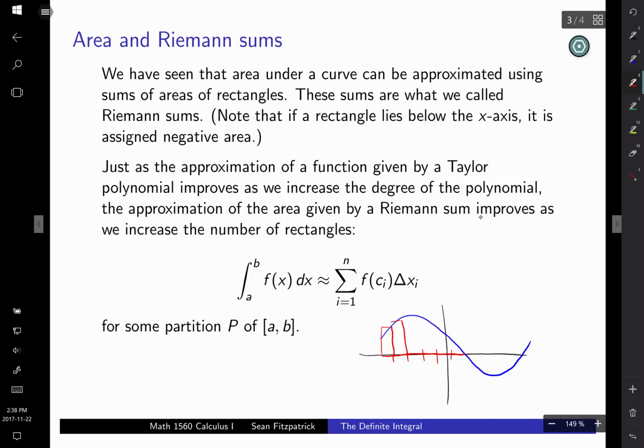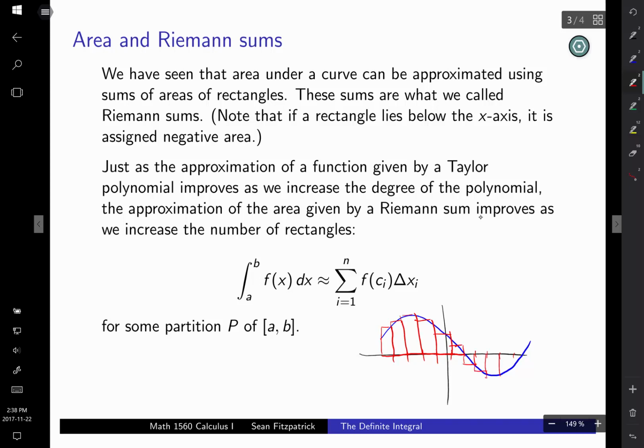So we build these rectangles where the height of the rectangle is dictated by the y values on the graph. You choose some point on the graph on each of those intervals. You construct a rectangle of the appropriate height. And then when you come to the area lying below the axis, well, you draw rectangles, but now the y values are below the x-axis, right?